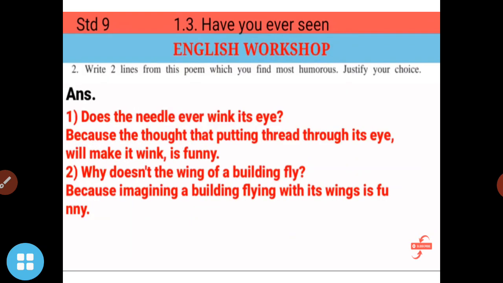Then again, second question of the workshop: write two lines from the poem which you find the most humorous, and justify your choice. So here also answers are given which you can note down.